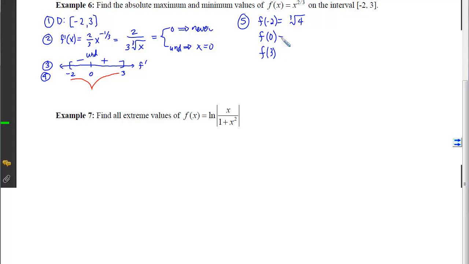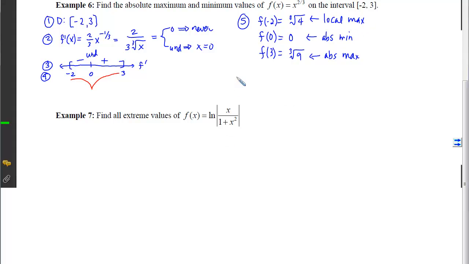If I plug in 0, I get a 0. And if I plug in a 3, I get the cube root of 9. So we can see by comparing these that this one is my absolute min, and this one is my absolute max, and this one will be a local max.